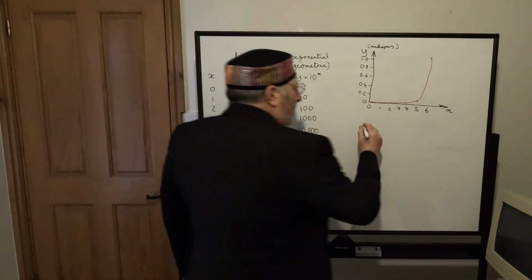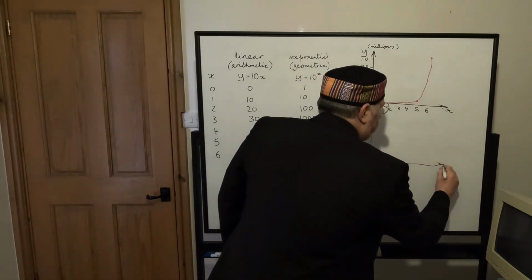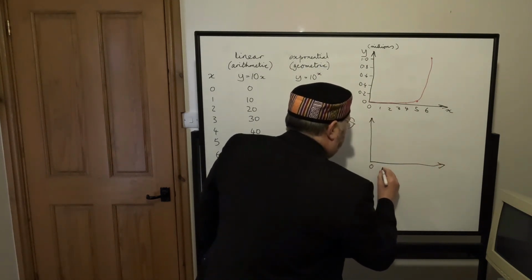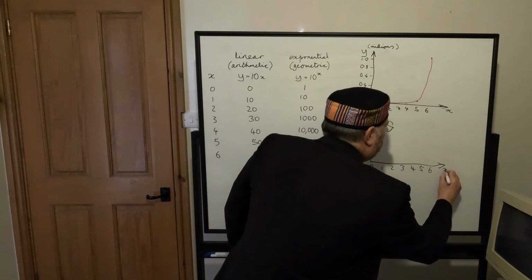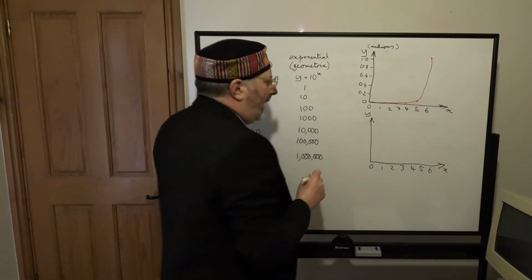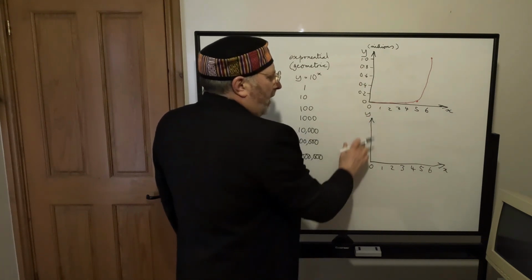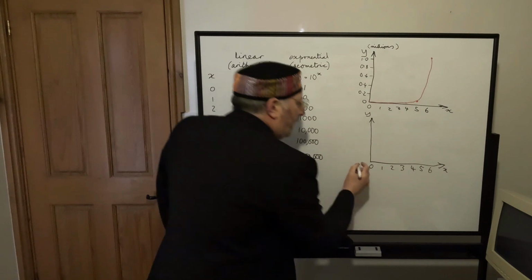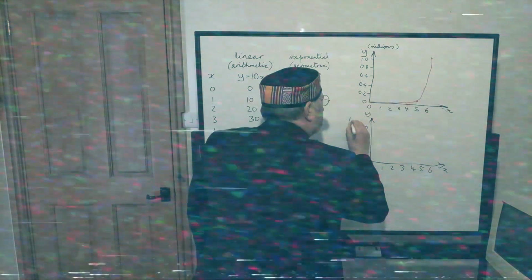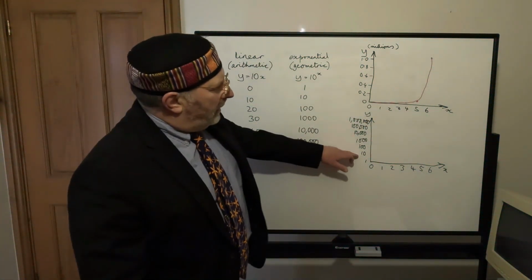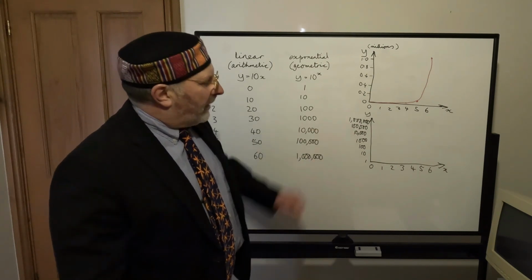So what we can do though is plot it on a semi-logarithmic plot. So we've again got x 1, 2, 3, 4, 5, 6. But for y, we don't go up in equal steps, we'll go up in equal ratios on this axis. So I'll put that in. Okay, so now we've got a scale that goes up in equal ratios, and this is a logarithmic scale, we say.